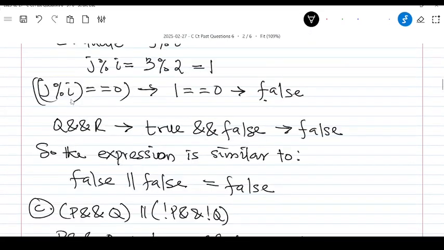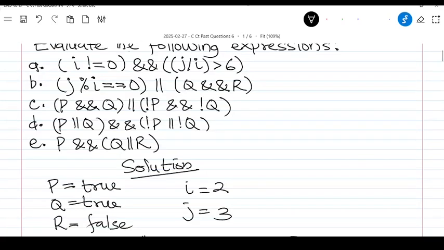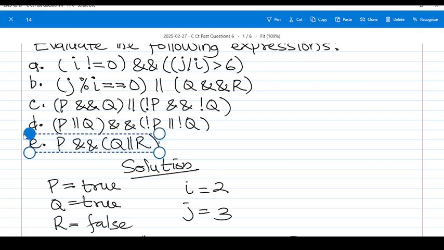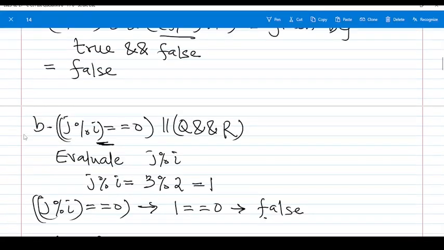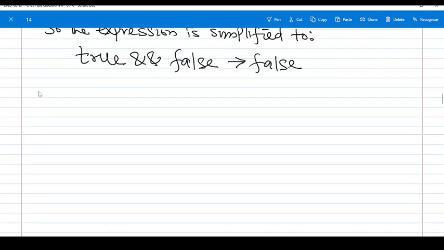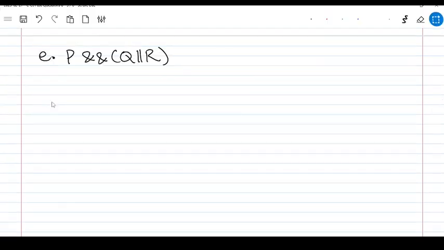So let me also do the last one. Let me just copy the value here and paste it here. Okay, so we have P and Q or R. What is P and Q or R? P is equal to true, right?